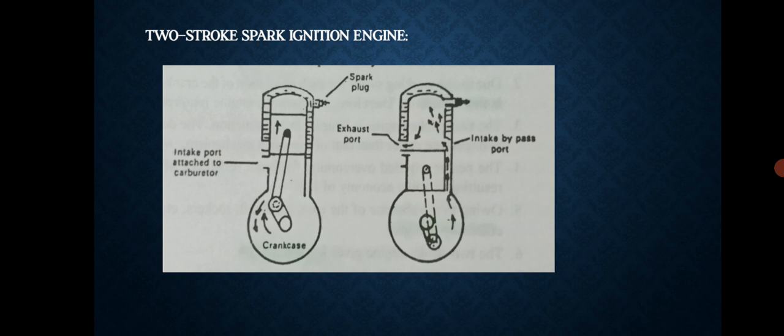As the piston moves up, it compresses the mixture above and draws into the crankcase below a new air fuel mixture. The two-stroke cycle engine can be easily identified by the air fuel mixture valve attached to the crankcase and the exhaust port located at the bottom of the cylinder.